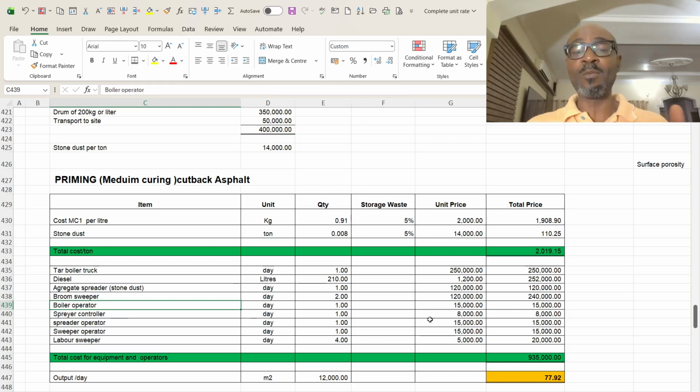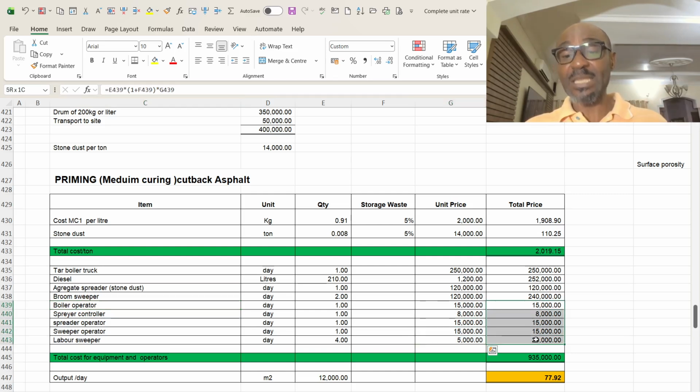Then you go down to look at the labor. Like I said, you can imagine the total cost of labor. The total cost for labor is 73,000 in this exercise, while the cost for equipment is about 862,000.